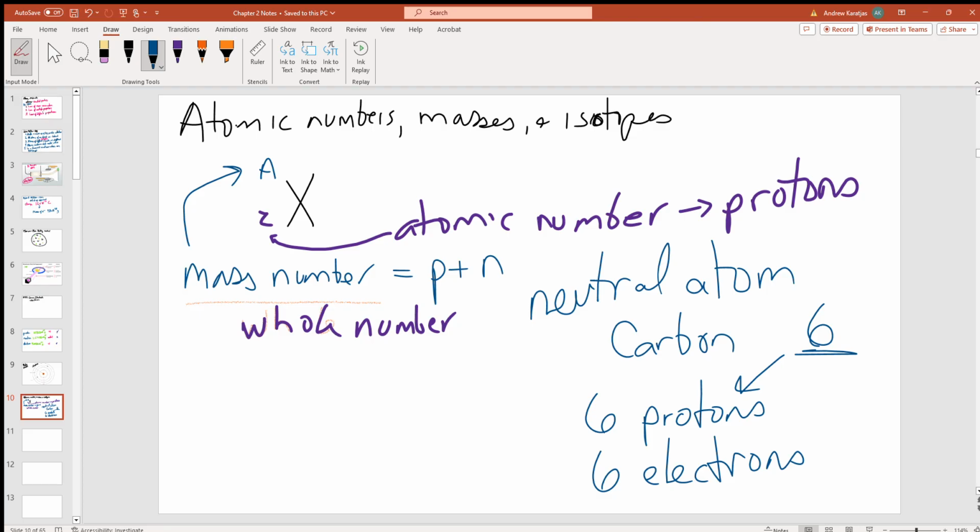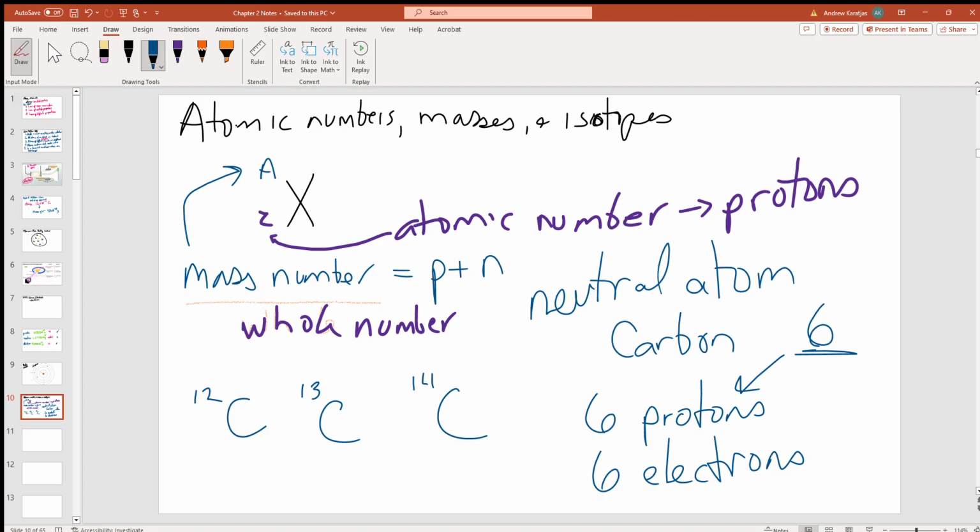The number of neutrons, on the other hand, can differ based on different isotopes. So for carbon, there's 3 common isotopes: carbon-12, which makes up most of the natural abundance of carbon, carbon-13, and carbon-14.